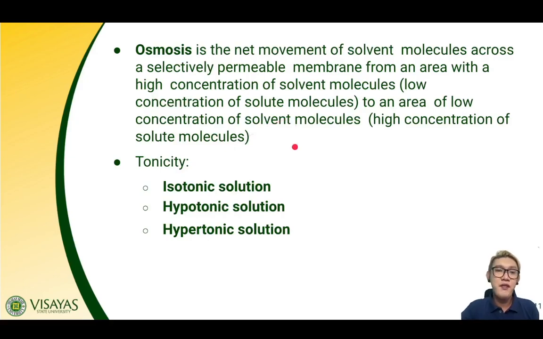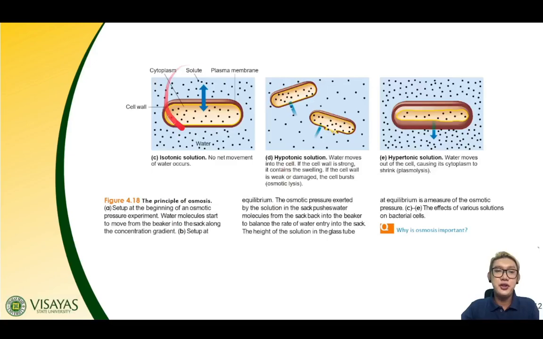With that, we refer to different tonicities. We identify three tonicities that refer to the concentration of solute outside the cell: isotonic, hypotonic, and hypertonic solution. In an isotonic solution, there is equal concentration of solute inside the cell.